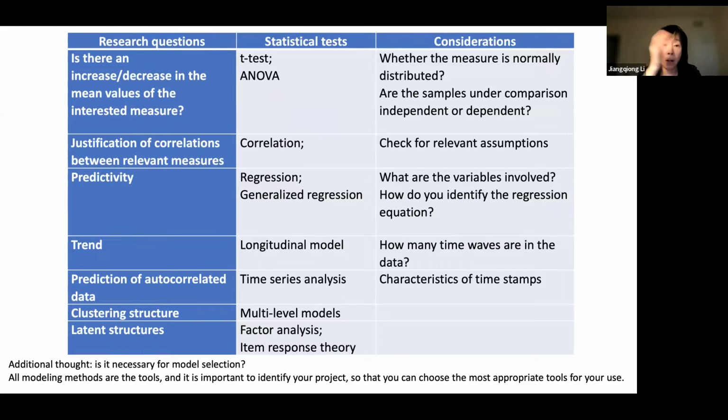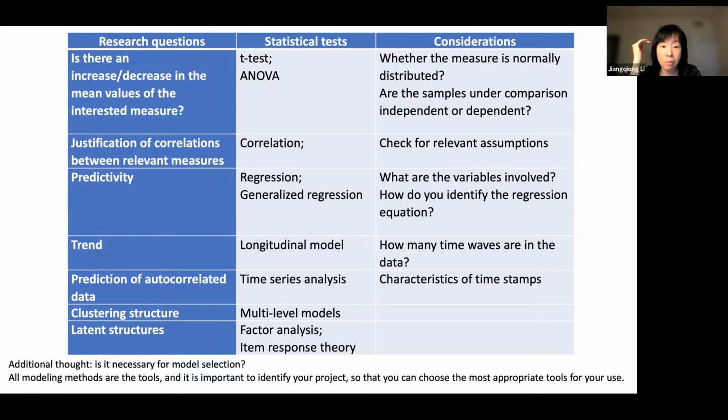For example, the first column lists some of the research questions, and the second column gives you possible optional statistical tests or modeling methods to choose from. And the last column lists some of the considerations when you use these methods to answer your research question.